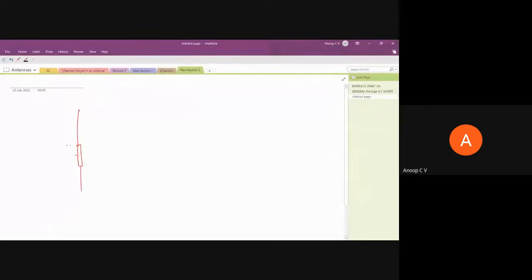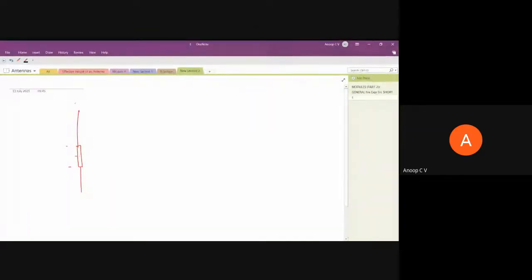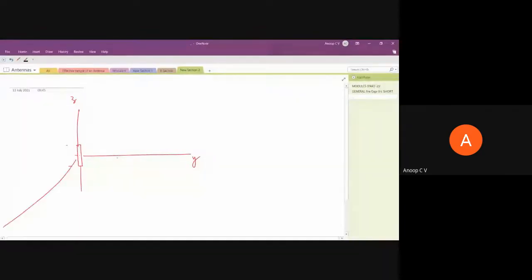I am keeping the antenna along the z-axis, with the y-axis and x-axis here. I'm keeping it along the z-axis from minus L/2 to plus L/2, that is, with center at origin.